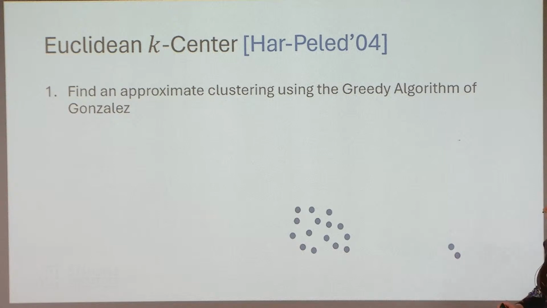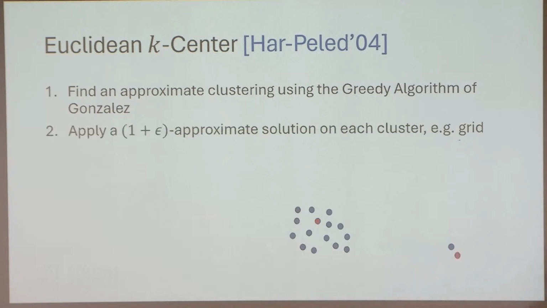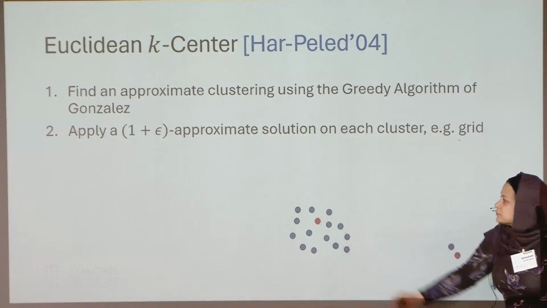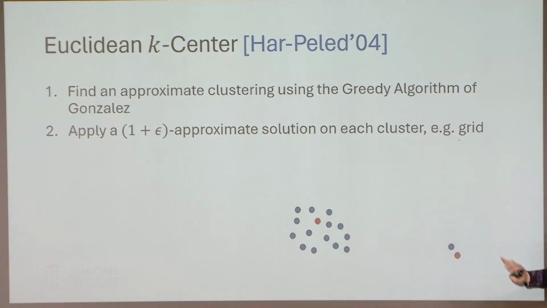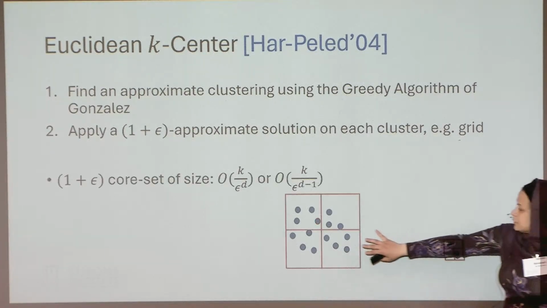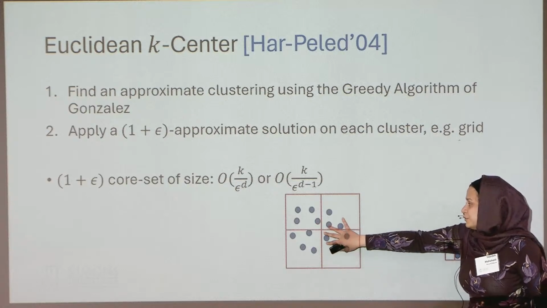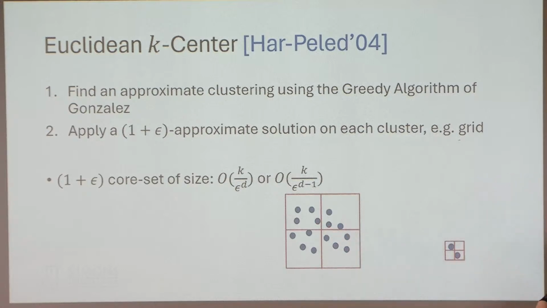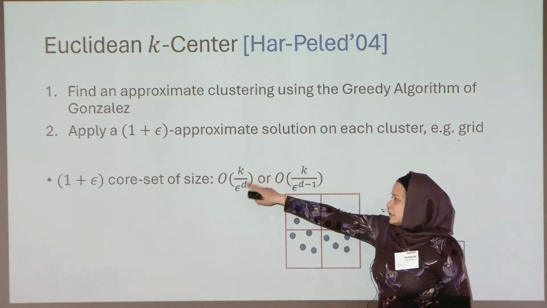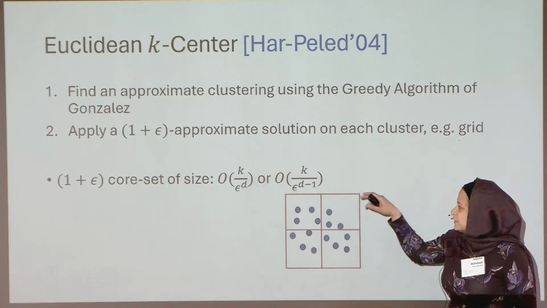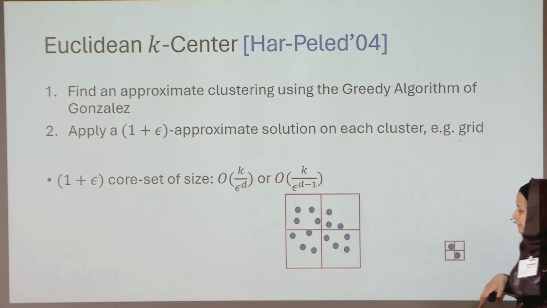Maybe you run the greedy algorithm and it gives you these centers. Then you use one of the algorithms for one center to construct a one center coreset for each cluster. For example, you can impose a grid here and a grid here. This would give you an overall coreset of size k over epsilon to the d, or if you use the other data structure, k over epsilon to the d minus 1.